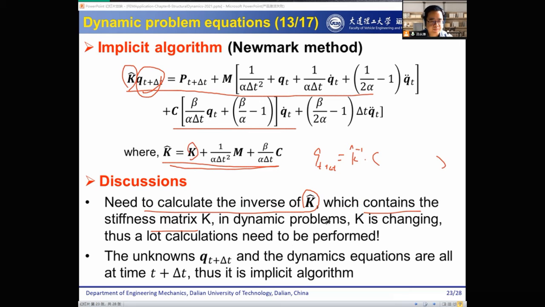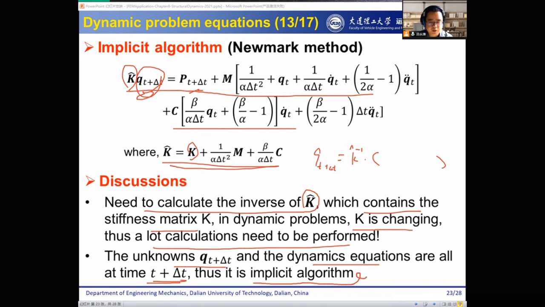Because the stiffness matrix is changing, a lot of calculation needs to be performed. The unknown displacement and the dynamic equation are all at time t plus delta t. Therefore this is an implicit algorithm.